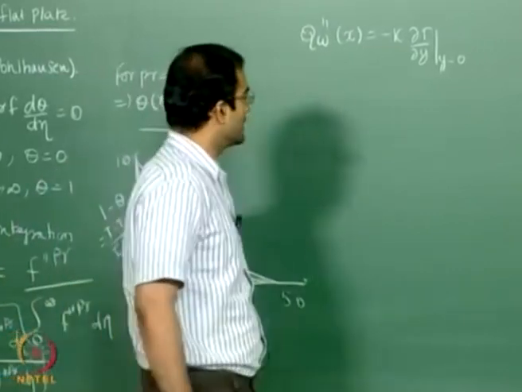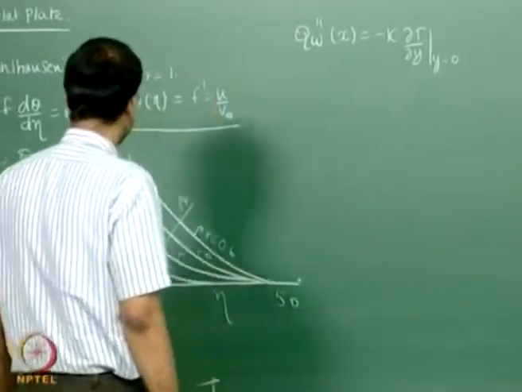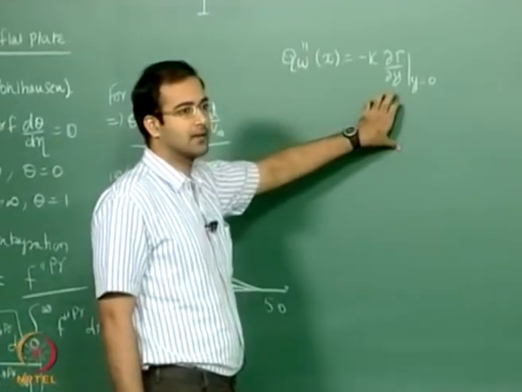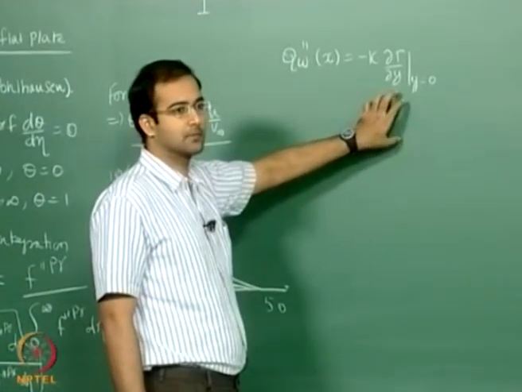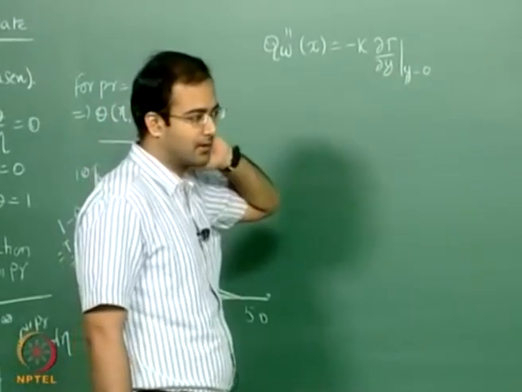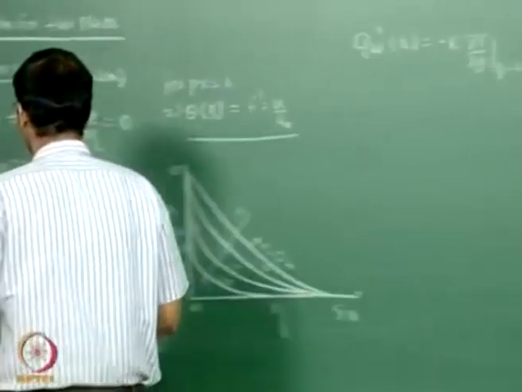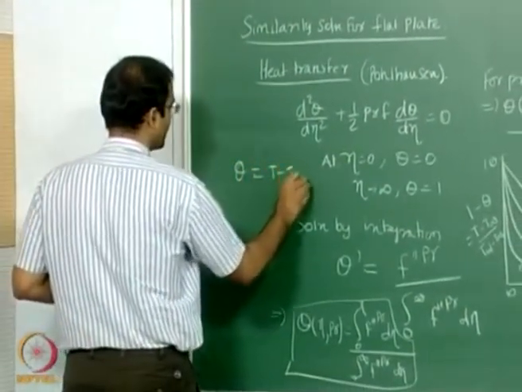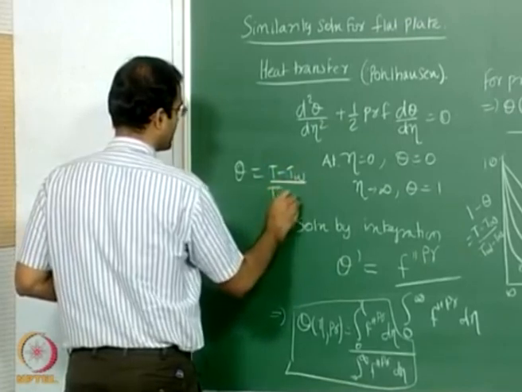Okay, so now once you know the solution, you can convert this in terms of theta and the derivative with respect to eta, and then plug in those values. Now we have defined theta in this manner, T minus T wall by T infinity.